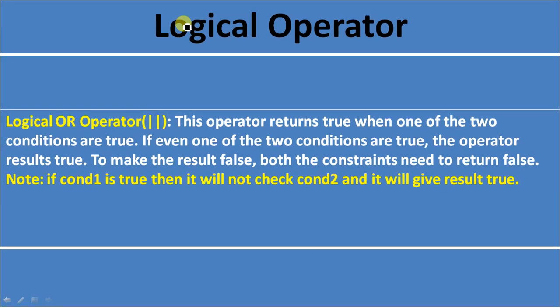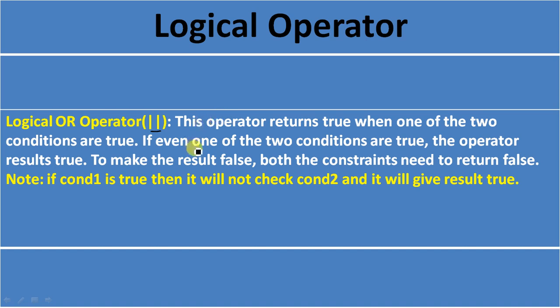The logical OR operator is denoted by two pipes. This operator returns true when one of the two conditions is true. It means if there are two conditions and any one is true, then the result will be true.